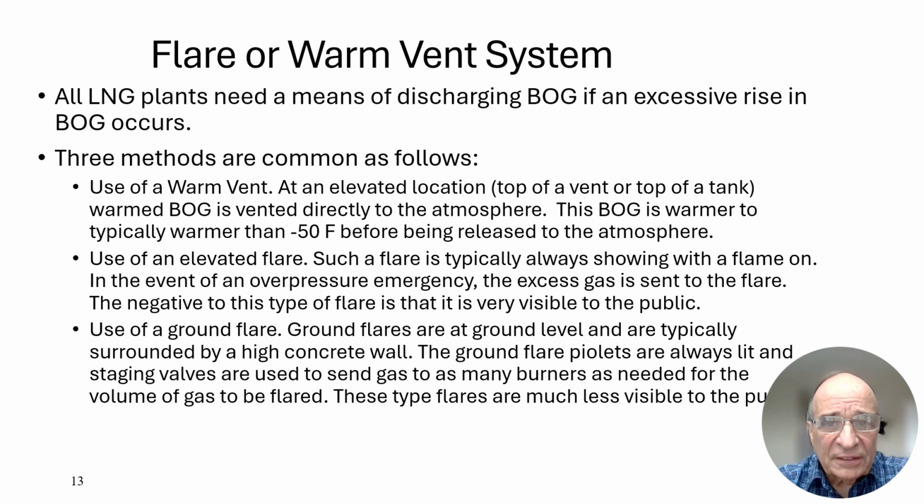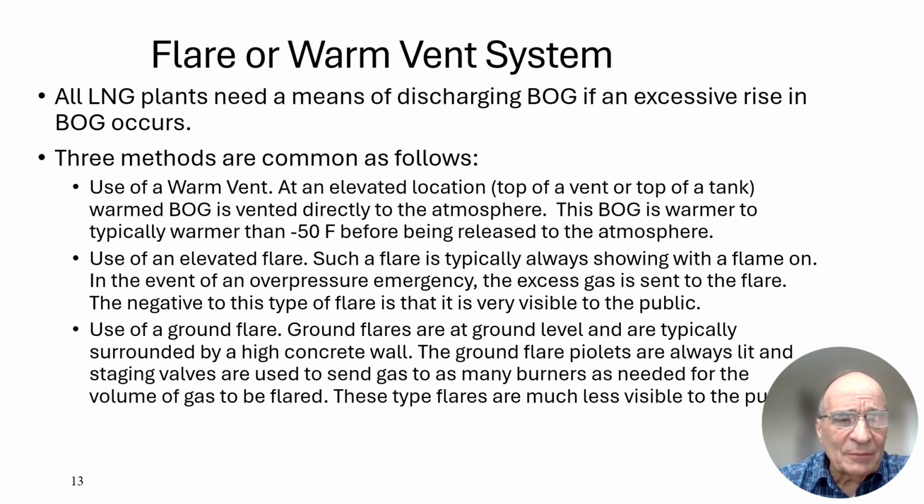BOG itself is about minus 260 degrees when it's produced, and even if it warms up to minus 150, it's just about buoyant at minus 150. Typically, the BOG is heated up to at least minus 50 degrees Fahrenheit to make it buoyant enough to disperse in the atmosphere without it falling down to the grade level where people and equipment would be.